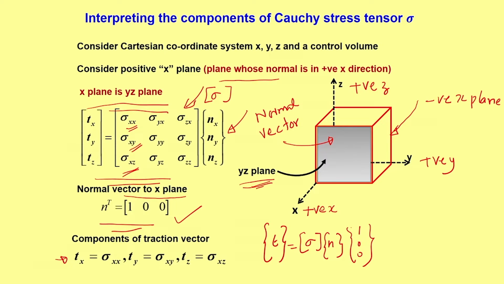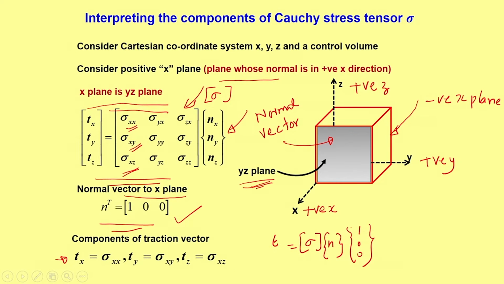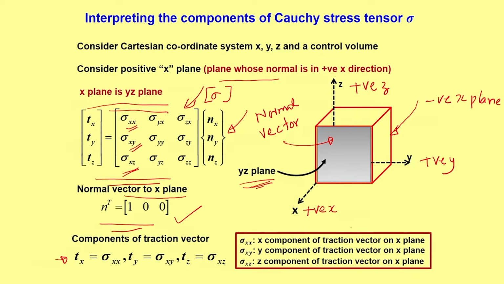So, what does it mean? It means that the components which are present in Cauchy stress tensor, these are components of traction vector in a given direction. So, if you see, you can see that sigma xx is the x component of traction vector on x plane.